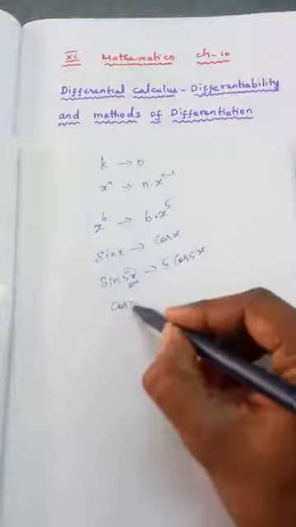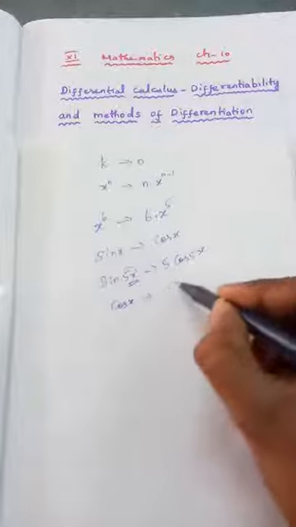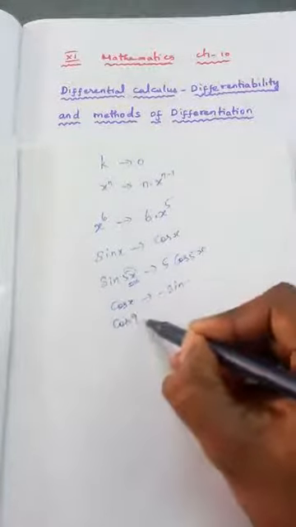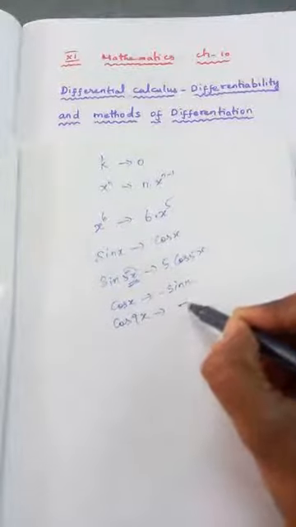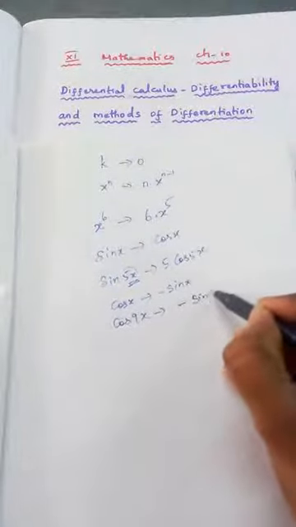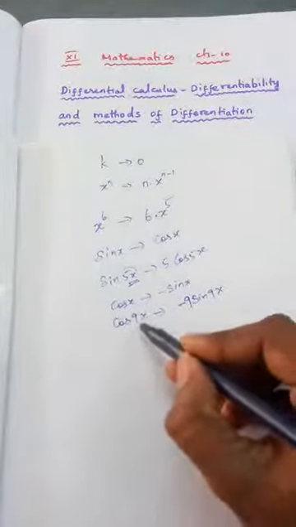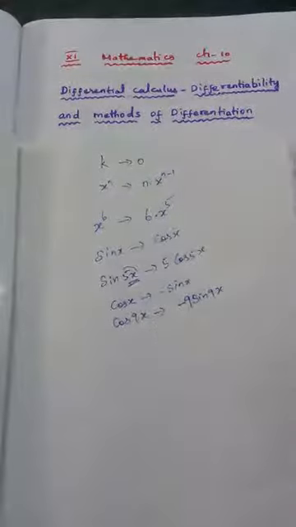Similarly, if we differentiate cos x, the answer is minus sin x. Suppose if it is cos 9x, what will be the answer? Minus sin 9x into 9. Why does this 9 come? Differentiating 9x once again.